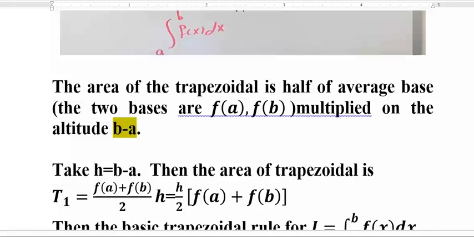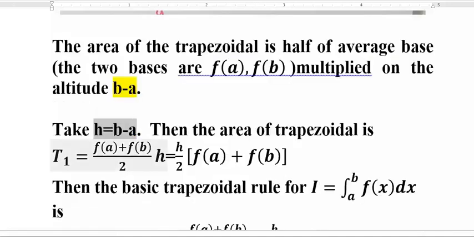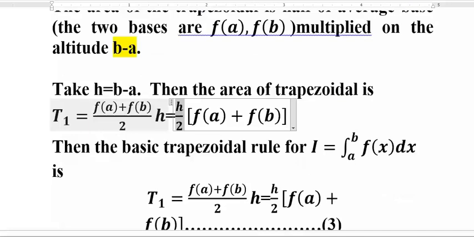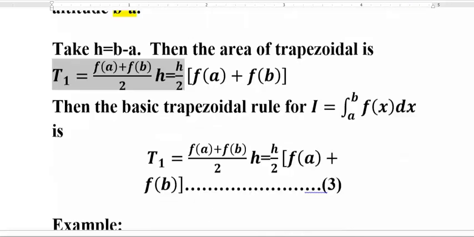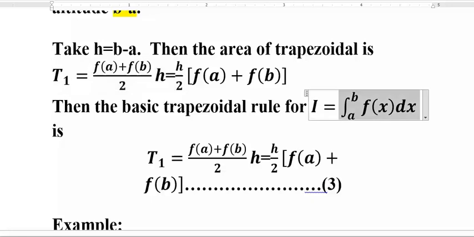So we take H equal B minus A, and then the average of the bases is f of A plus f of B over 2, times H, or we can write it as H over 2 multiplied by f of A plus f of B. This is the trapezoidal rule to evaluate the integration from A to B of f of x dx.